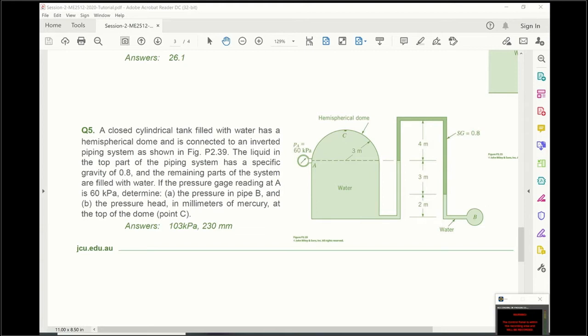This can be applied: same liquid, same height, jump. Okay, correct. And this is going to be equal to, correct? Yeah, same. Sorry, yes, it's good.